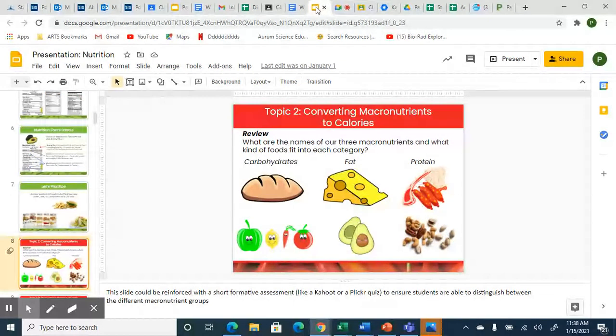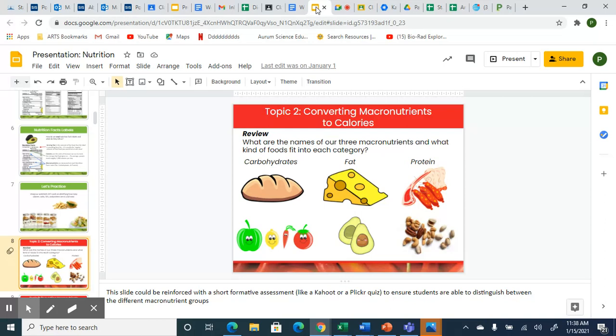All right, so next up is converting macronutrients to calories. So, what are the names of our 3 macronutrients and what kind of foods fit into each category? So, we have the carbohydrates, the fats, and the proteins, right?